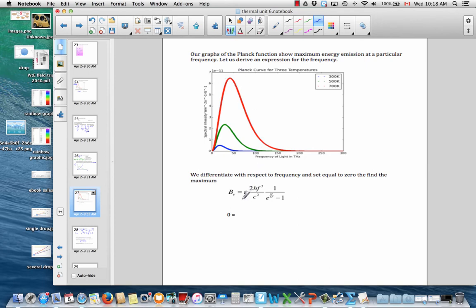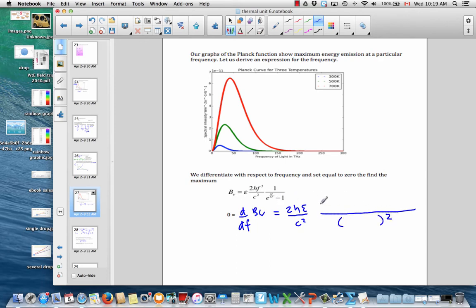To find that maximum, we're going to differentiate and set equal to 0 the frequency derivative of the Planck function. So we see there's f cubed, and then this is e to the hf over kT. So we will use the quotient rule. First of all, we'll pull out the 2h epsilon, the emissivity, over c squared. And then we're going to have the denominator here squared. I'll just be lazy and leave it like that.